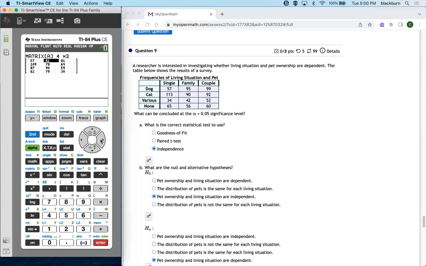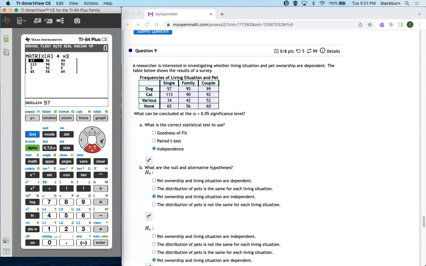So 57, 95, 99, 113, 90, 92, 34, 42, 52, 65, 56, and 60. So there are my matrix values for this situation.